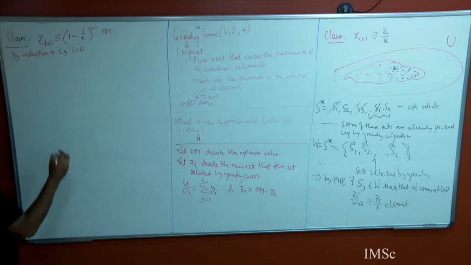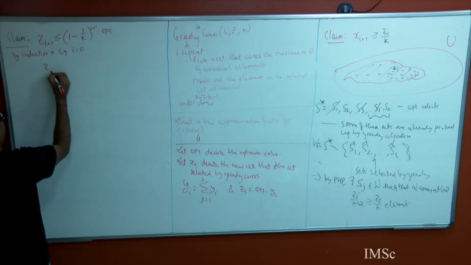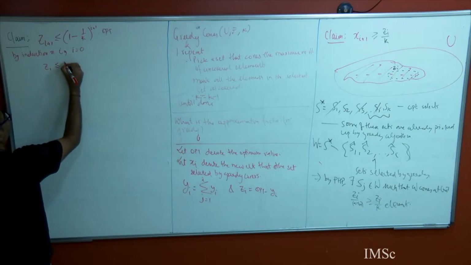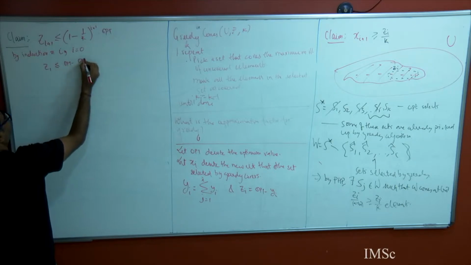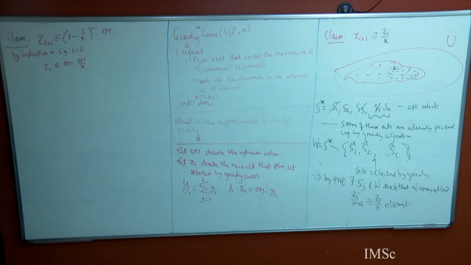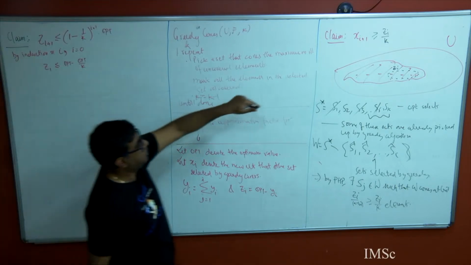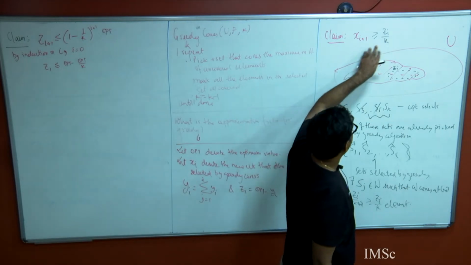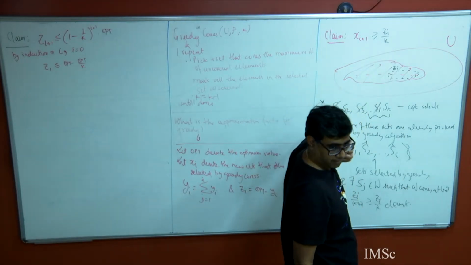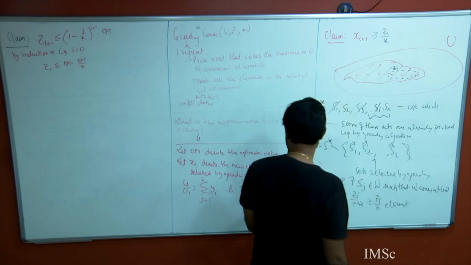I equal to 0 is like Z1 should be less than or equal to opt minus opt by k. Right? This is what it says. But what we have shown is xi plus 1 is greater than or equal to Zi by k. But what is Z1?